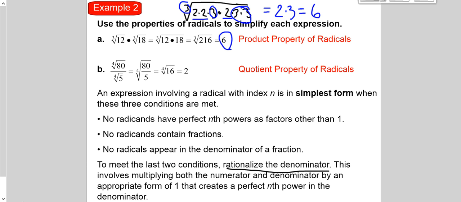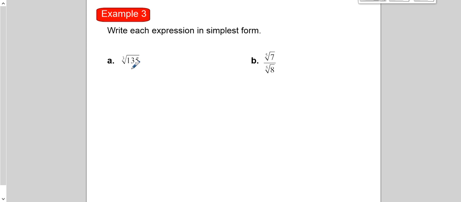Write each expression in simplest form. Cube root of 135. Make a factor tree. I know it's divisible by 5 because it ends in a 5. 135 divided by 5 is 27. Break down your 27.